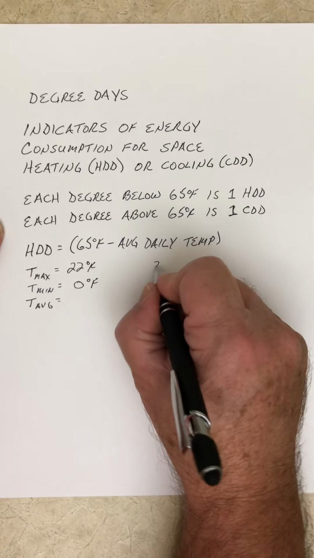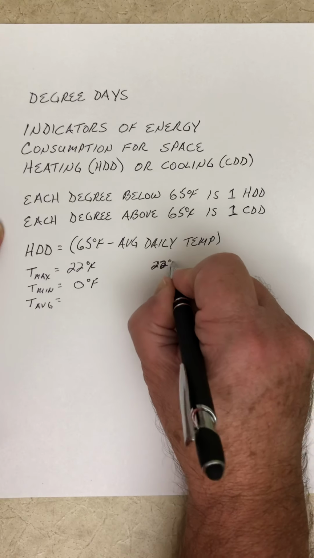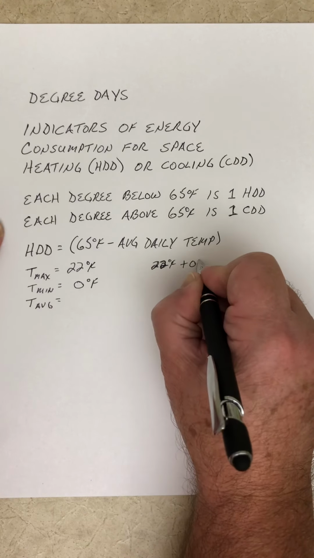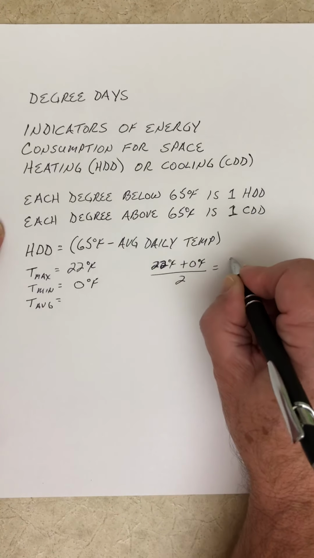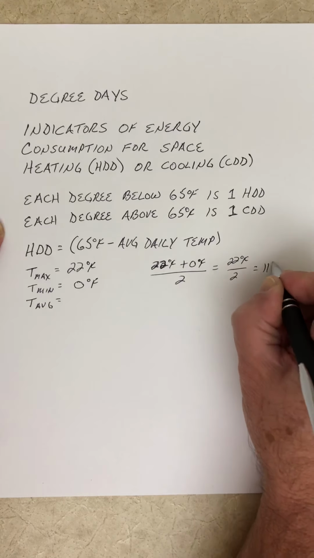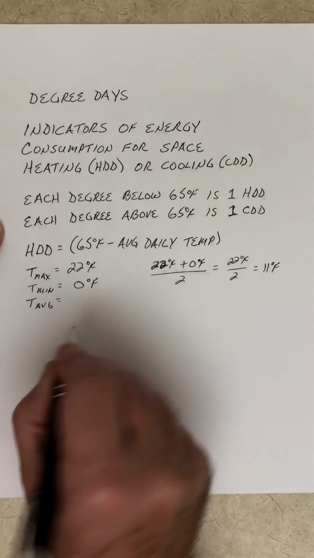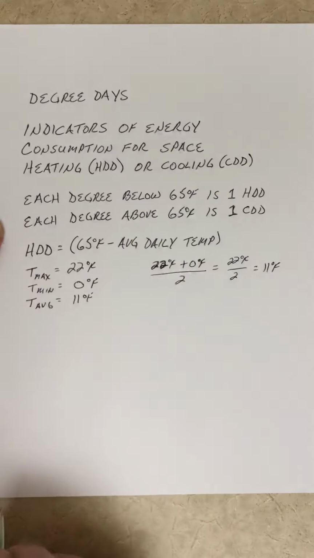That would simply be 22 degrees Fahrenheit plus 0 degrees Fahrenheit divided by 2. So 22 divided by 2 is 11 degrees Fahrenheit. Our average daily temperature on this day is going to be 11 degrees Fahrenheit.